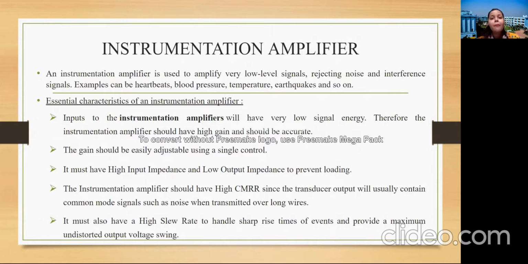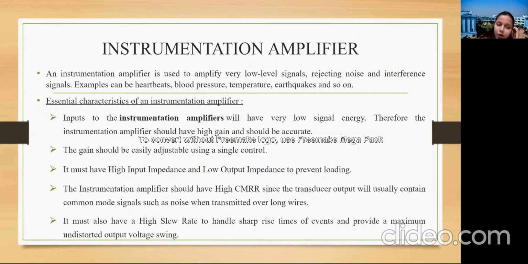But it is not mandatory that all our devices can record low level signals, and in those cases the application of instrumentation amplifier comes. So an instrumentation amplifier, as the name implies, can amplify the voltage level or signal levels according to the instruments being used in the project. So it's used to amplify very low level signals.